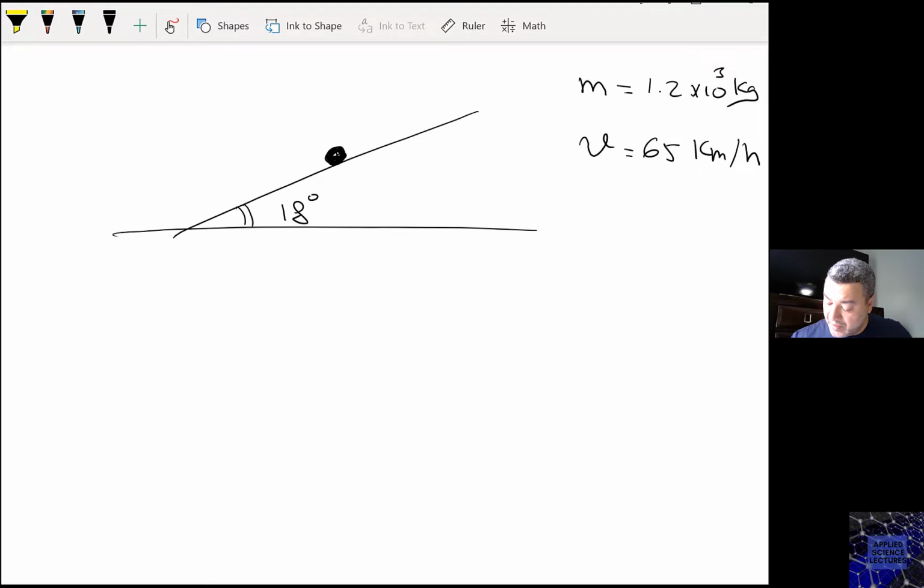So we have here the force of the brake. What is the magnitude of the force exerted by the brakes to bring the car to rest?